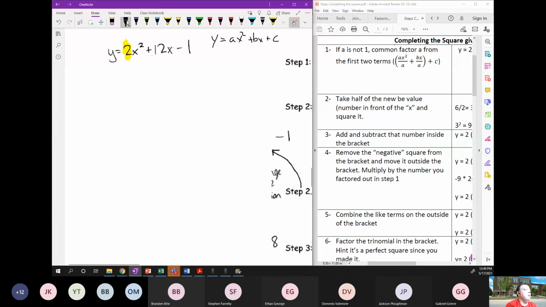So our A is not 1, so I'm going to common factor it, but only from the first 2 terms. So write 2 down. I'm going to put in these brackets. I'm going to leave the minus 1 over here. I don't need the common factor out of there. So let's divide this by 2 and this by 2. Okay? So that's step 1. Put a Y in chat if you understand what I did with step 1.